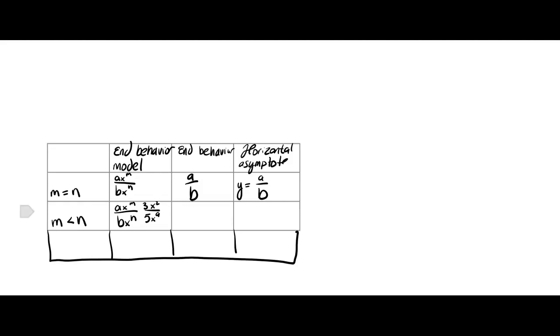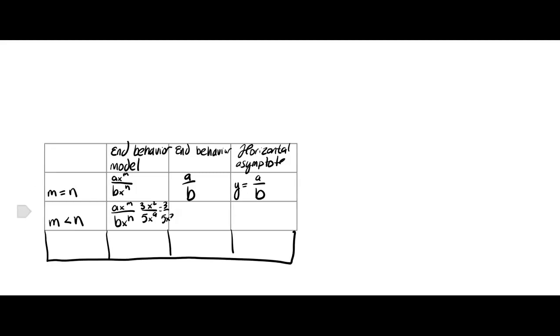And what ends up happening is I have 7 more x's on bottom than I do up top, so I would end up with 3 over 5x to the 7th, because 2 of my x's would cancel out, leaving me with 7 x's on bottom. So in general, I would have a over b x to the n minus m on bottom.